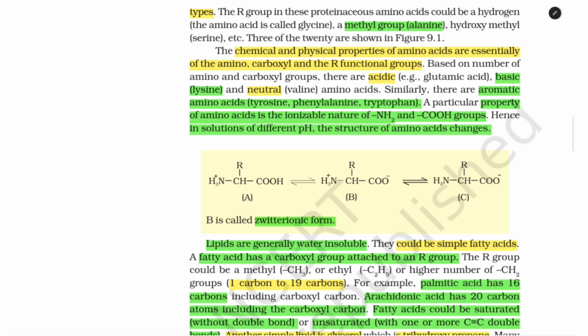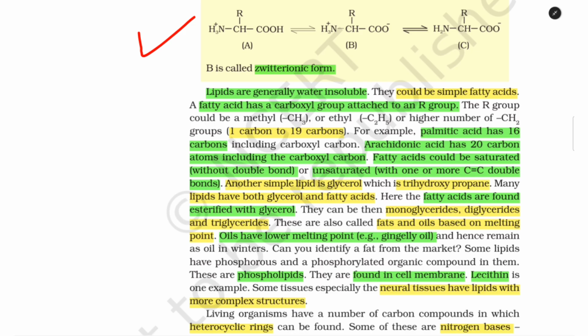Similarly, there are aromatic amino acids, examples are tyrosine, phenylalanine, tryptophan. A particular property of amino acids is the ionizable nature of NH2 and COOH groups. Hence, in solutions of different pH, the structure of amino acid changes. Here in this figure, B is called the zwitterionic form.